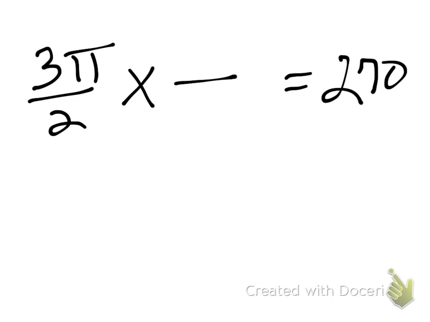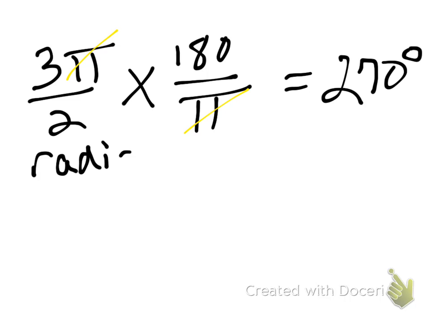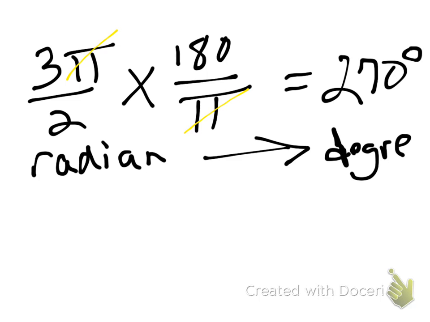Instead of multiplying by pi over 180, you're going to multiply by 180 over pi. Pretty sweet, huh? This way, the pi's are going to cancel out, and then 3 times 180 divided by 2 will be 270 degrees. Works like a charm. Again, this time we're going from radian to degree.